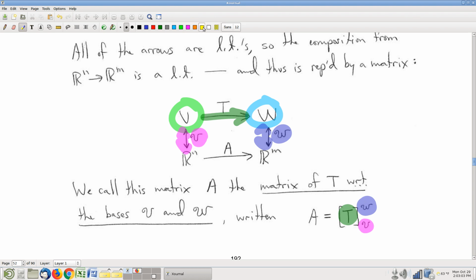Right, and all together then, that defines this matrix. All right, now how do we find such a matrix? What does it mean to have a matrix representing a linear transformation? What does this do? How do I interpret this? Right, we got a lot to talk about here. This is just setup and notation, and now we need to talk about how to make sense out of this. Okay. All right.